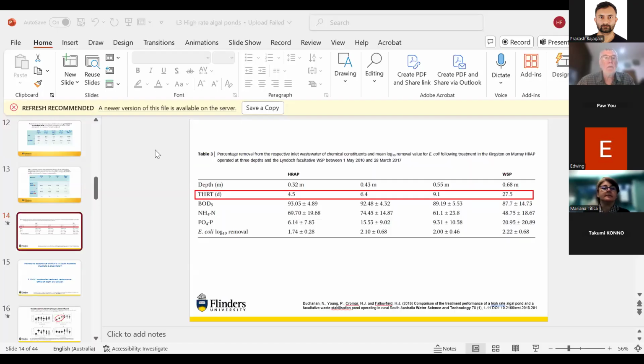It's just a problem sharing the system, presumably coming back up. Can you see that slide? Yes.